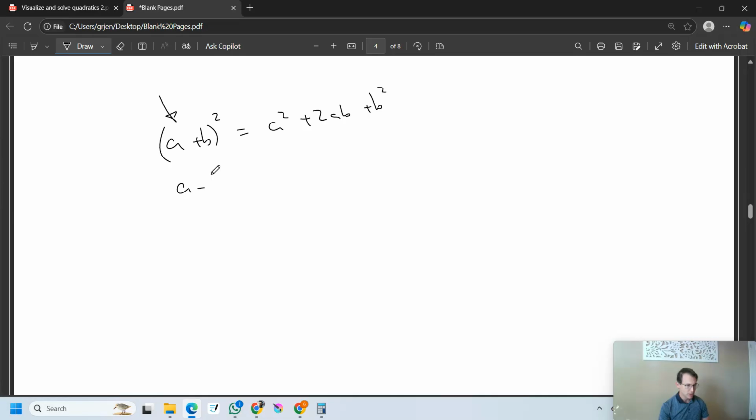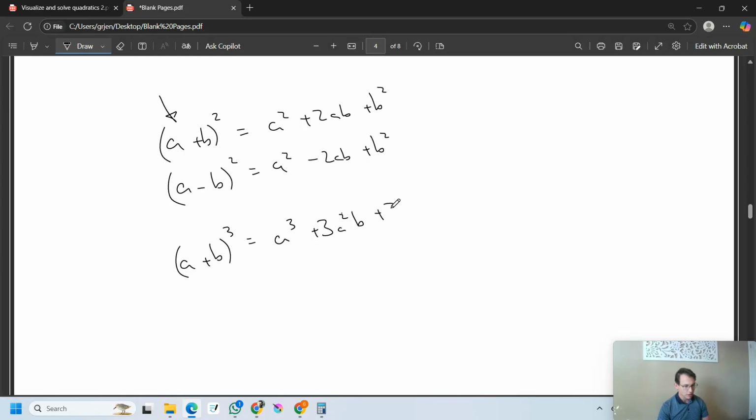A minus B squared, we looked at that and we used that in a couple problems as well. A squared minus 2AB plus B squared. And then we can force these special factorizations. How about the cubes? Okay, so if I have A plus B all cubed, that's going to give me A cubed plus 3A squared B plus 3AB squared plus B cubed.